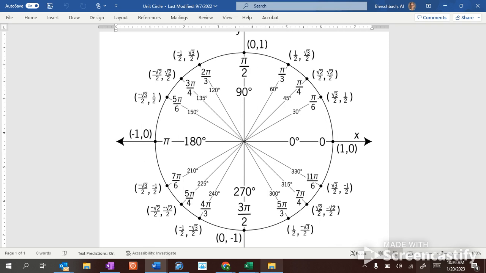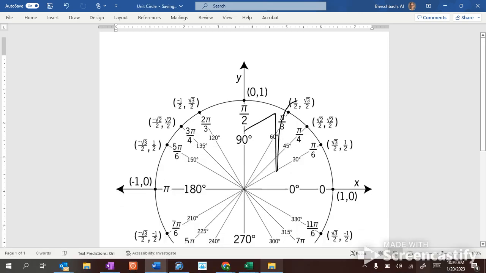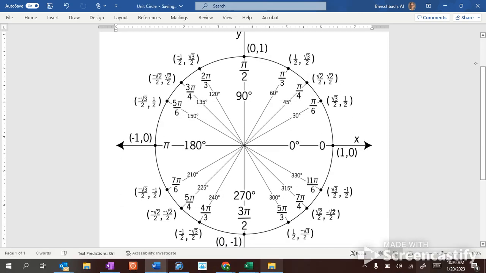Okay? If you make a 30-degree triangle right here, what are you doing? And if 1 is a hypotenuse on a 30, 60, 90 triangle, if we look over here at a 30, 60, 90 triangle, our hypotenuse is twice as long as our short side.